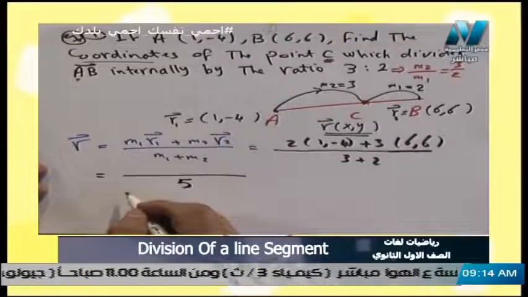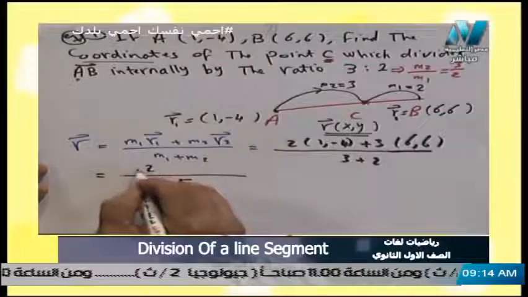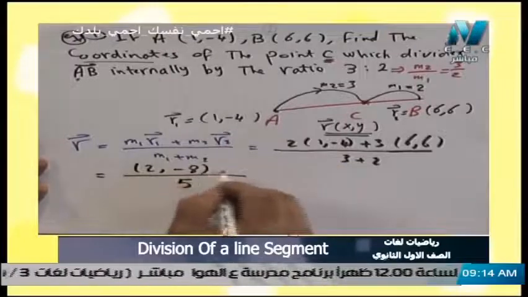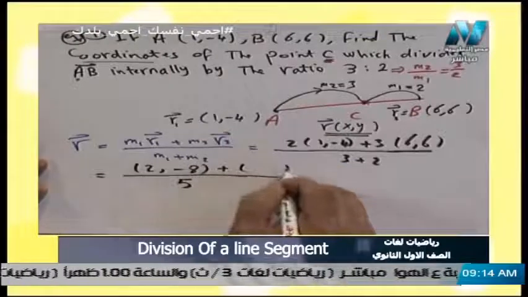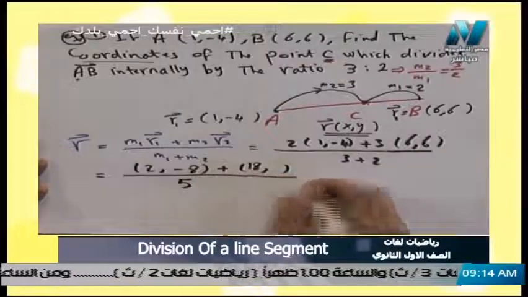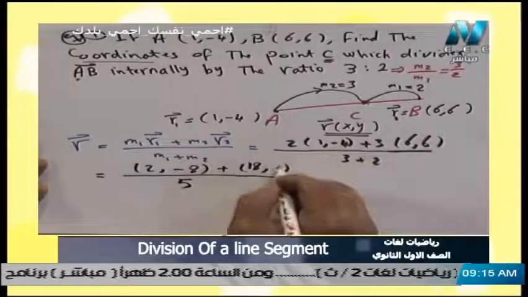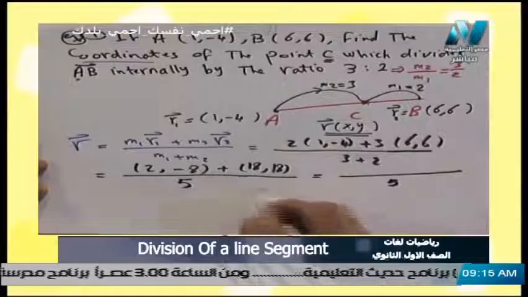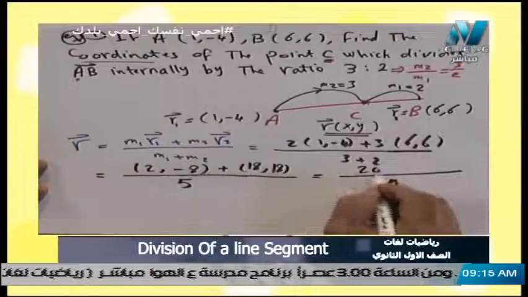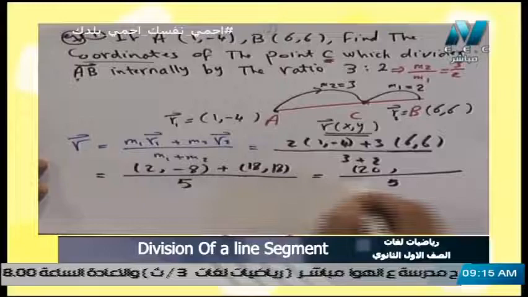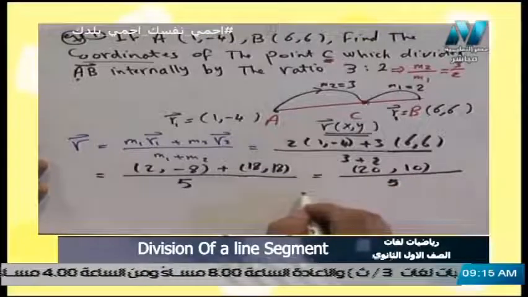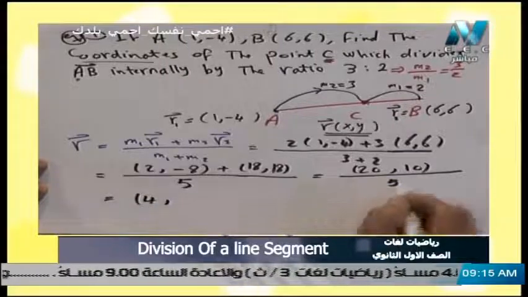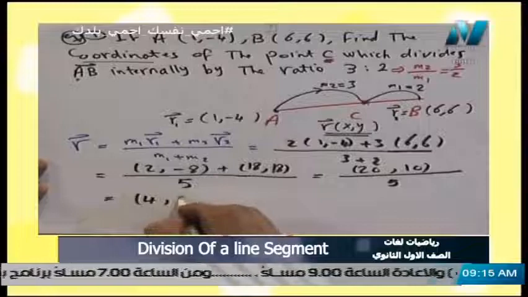Here 3 plus 2 equals 5. 2 multiplied by 1 equals 2, sorry, 2 multiplied by negative 4 equals negative 8, plus 3 multiplied by 6 equals 18, and 3 multiplied by 6 equals 18 also. Okay, we have 5 here. 2 plus 18 equals 20 and negative 8 plus 18 equals 10, and we can divide 20 by 5 equals 4 and 10 divided by 5 equals 2.